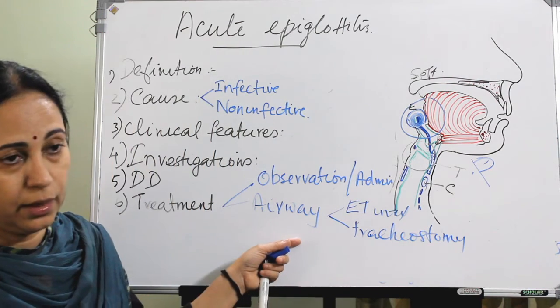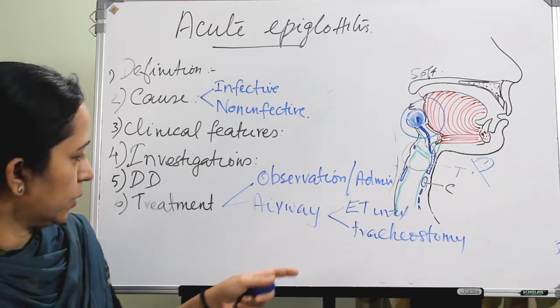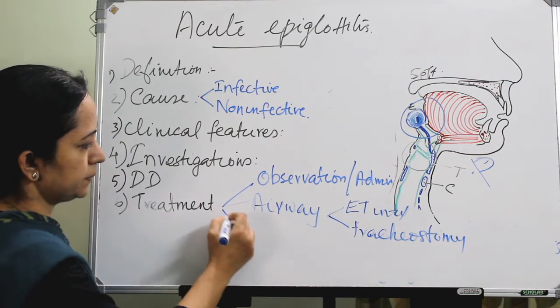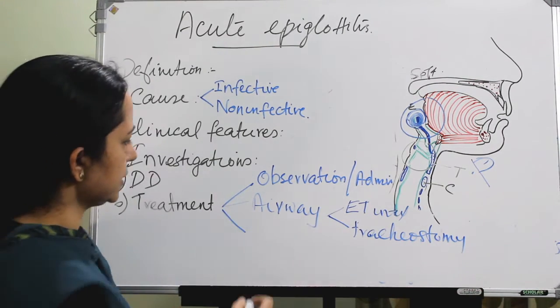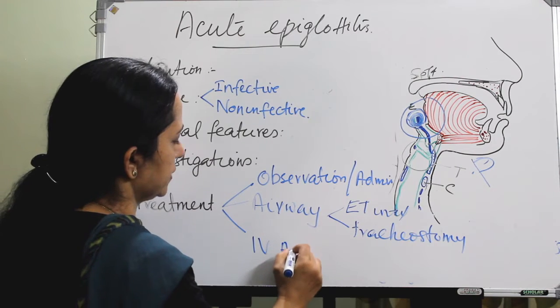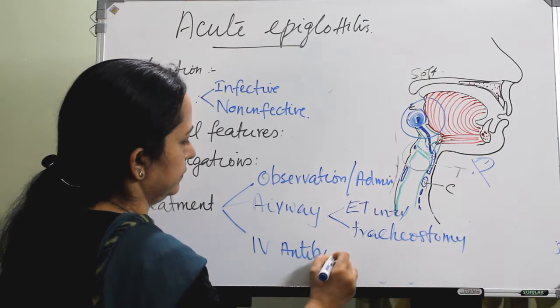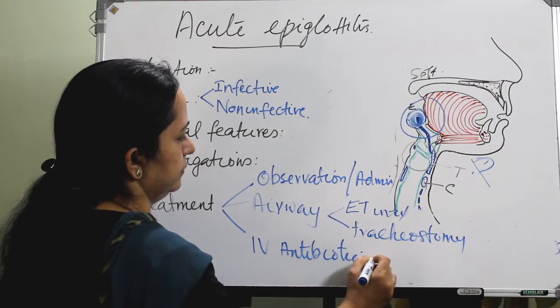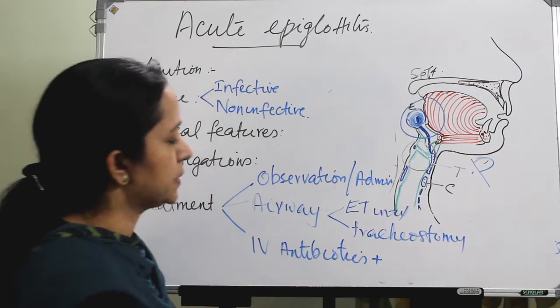The next is IV antibiotics along with 100% humidified oxygen. 100% humidified oxygen whenever possible should be given.